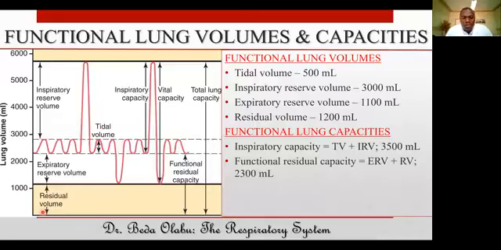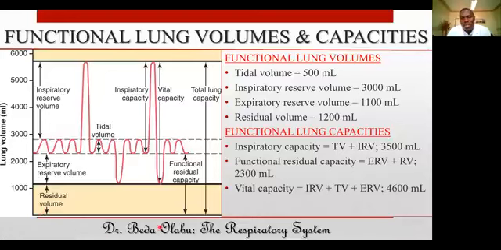By definition, the functional residual capacity is the volume of air that remains in the lungs after normal exhalation. That is what we are calling the functional residual capacity.